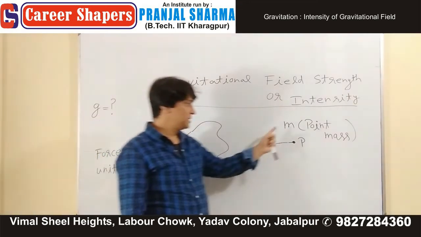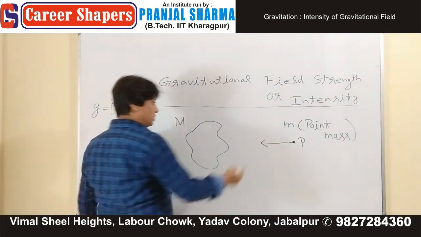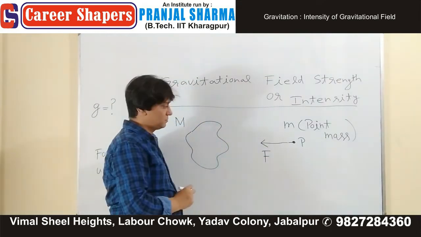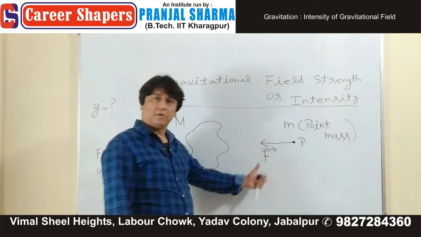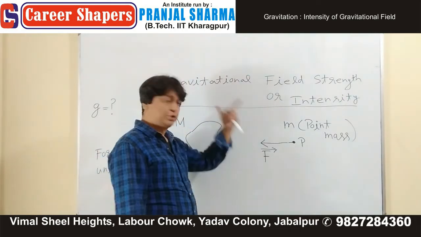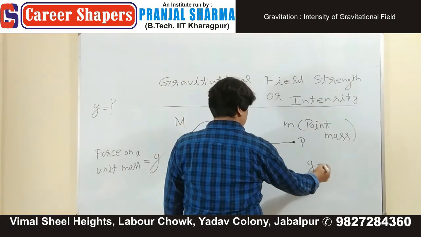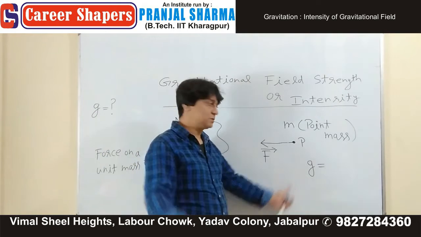The moment you place m, we found that the force acting on this m is F. Force is a vector, so use F vector. Now, how do I define G? What is G? Force on a unit mass.